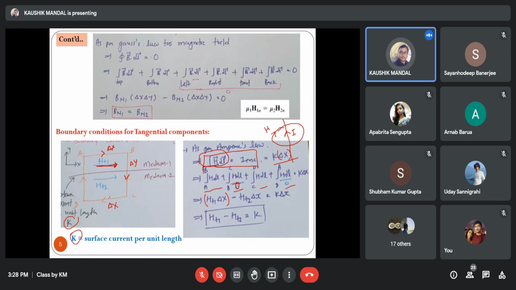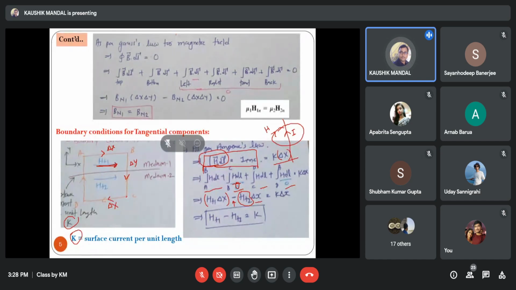Next, what about C to D? Over C to D there is another tangential component, Ht2, and the length is del X, so it will be Ht2 into del X, but there will be a negative sign because the direction of C to D and Ht2 are opposite to each other. Is it clear?